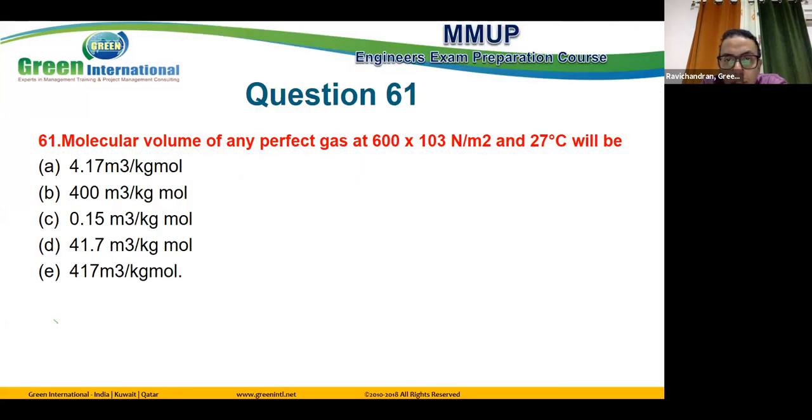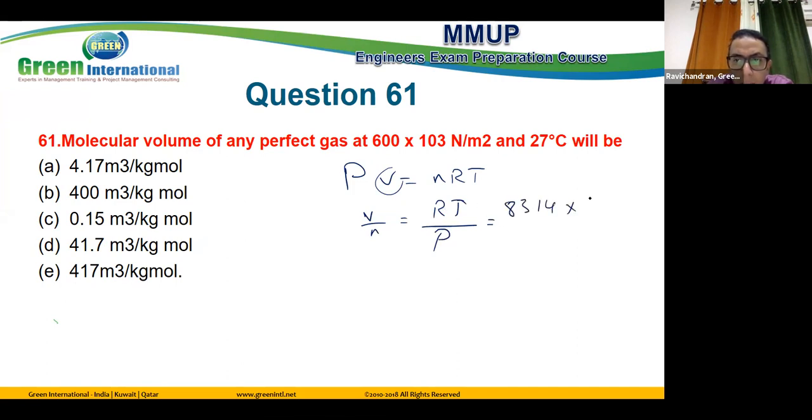Molar volume of any perfect gas at 600 times 10 to the power 3 Newton per meter square at 27 Celsius will be... molar volume is something like volume per mole. So PV equals nRT. If you need V divided by n, it's RT divided by P, which is equal to R, which is 8314, multiplied by the temperature 27 plus 273, divided by 600 multiplied by 10 to the power 3.